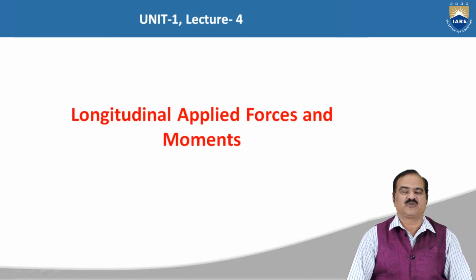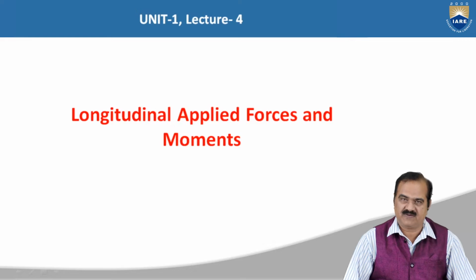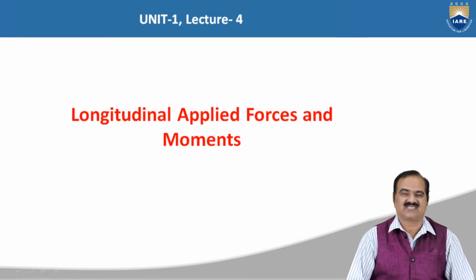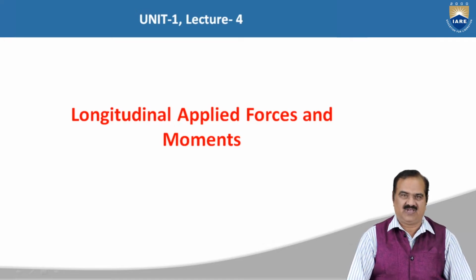This longitudinal motion occurs with reference to the lateral axis, the axis which passes from wingtip to wingtip in the y direction. It is called the y direction. And the longitudinal axis is in the direction of x forward. We are assuming x forward, and the other one is the lateral axis, which is wing to wing.